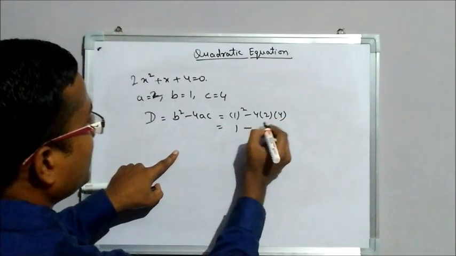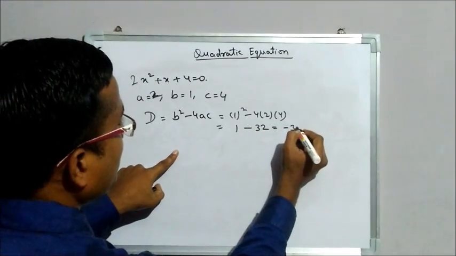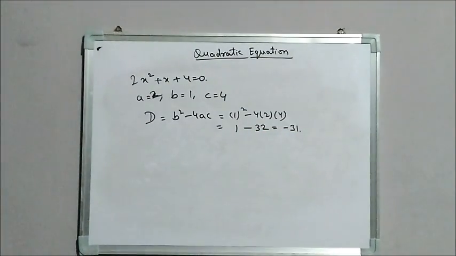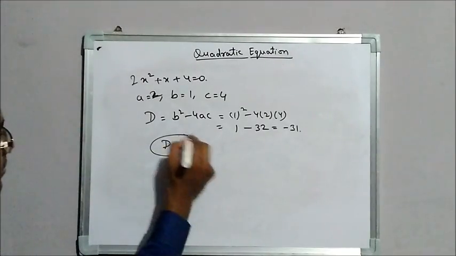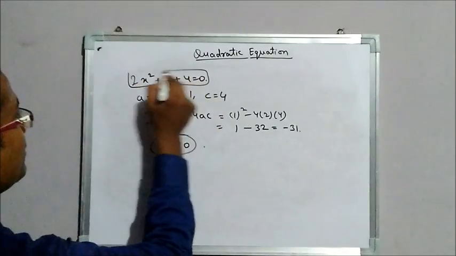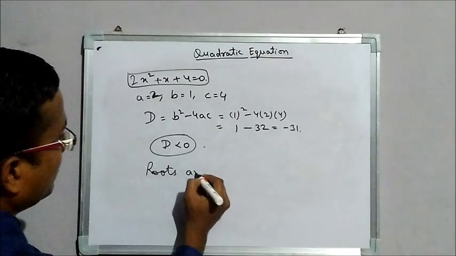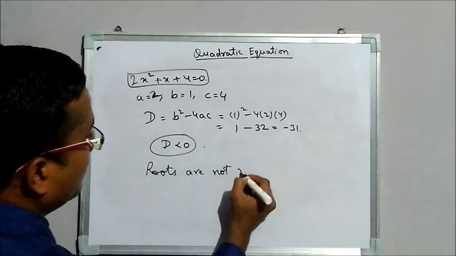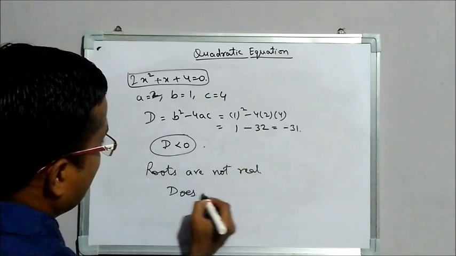So 1 minus 32 equals minus 31. Here D is less than 0, meaning D is negative. So the roots of this quadratic equation are not real, meaning they do not exist.